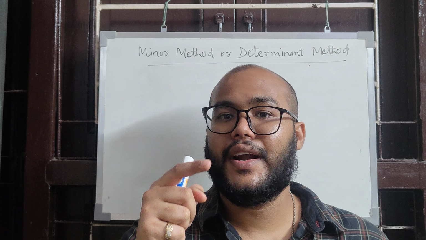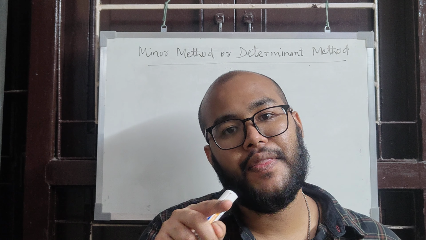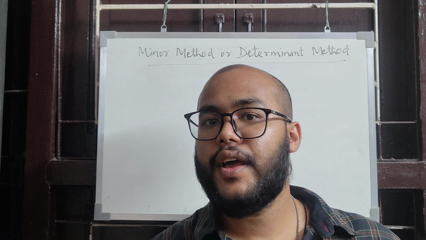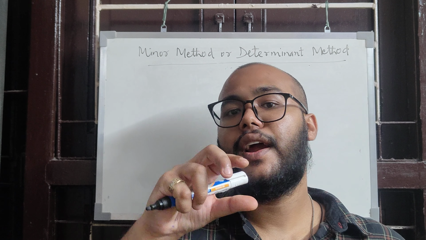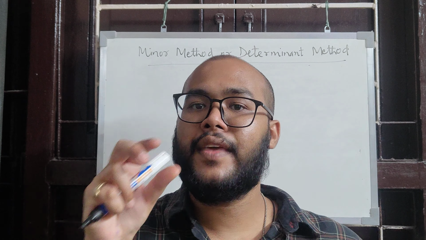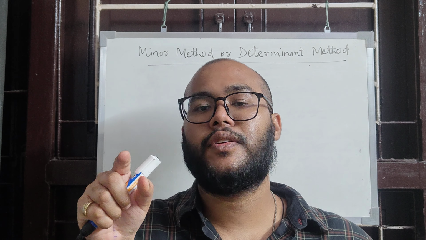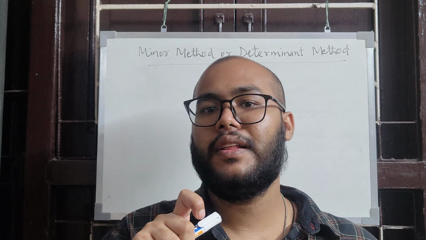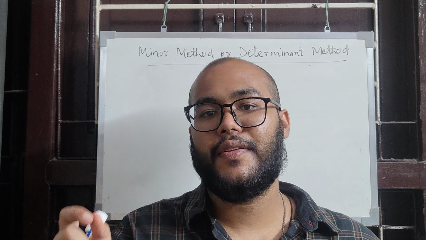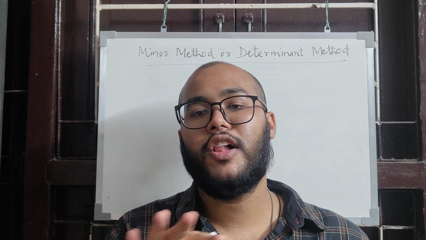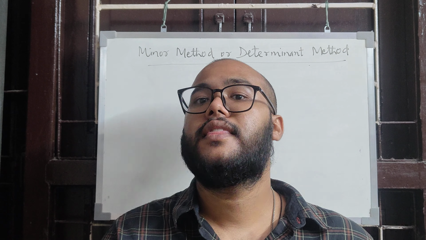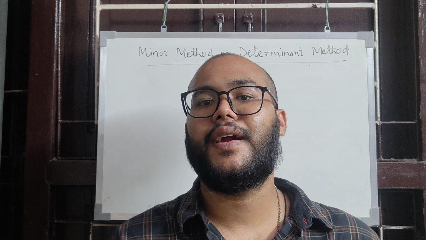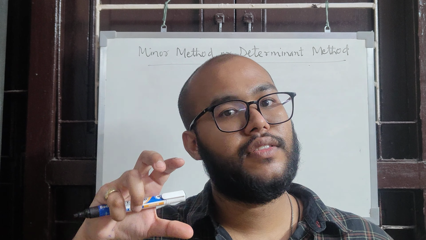So we try to find a matrix of the order n minus 1 cross n minus 1, just one below it, and we try to find if it has a non-zero determinant. Any matrix formed out of n minus 1 cross n minus 1 should be non-zero. If it is possible, then it becomes the rank, that is n minus 1. If all the possible matrices are 0, then we try n minus 2, n minus 3, until we find a matrix which has determinant as non-zero.